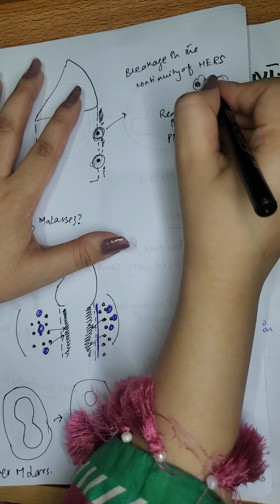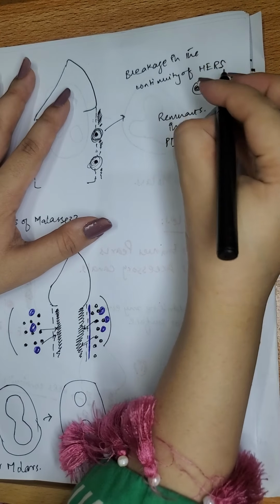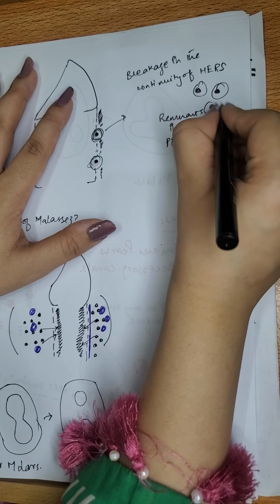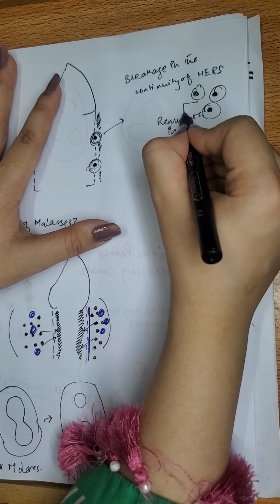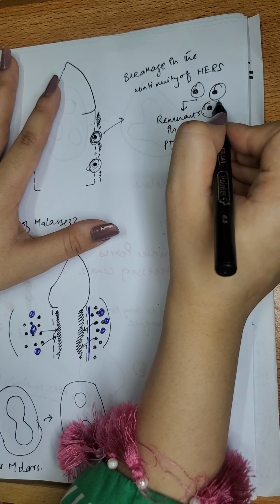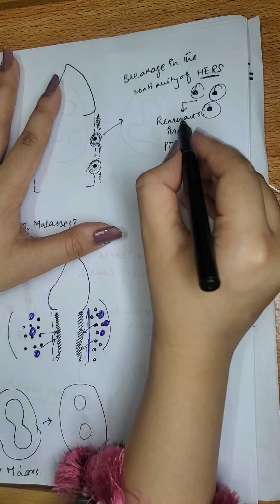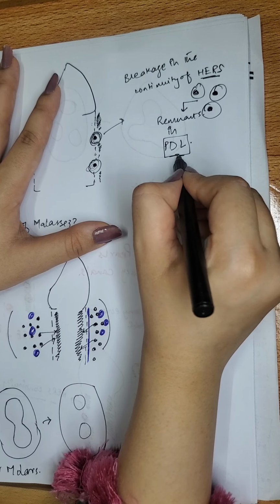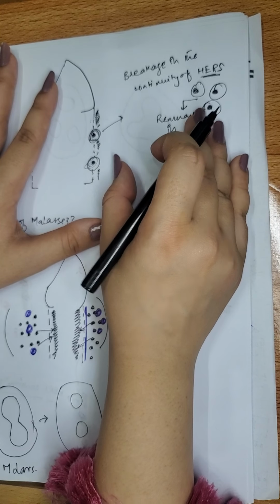First of all, we have studied previously the epithelial rests of Serres in the dental lamina, but now we are going to study the epithelial rests of Malassez. These epithelial rests or islands of epithelial cells were the Hertwig's epithelial root sheath. They are formed inside the periodontal ligament or the periodontal space, the supporting structure surrounding the root.